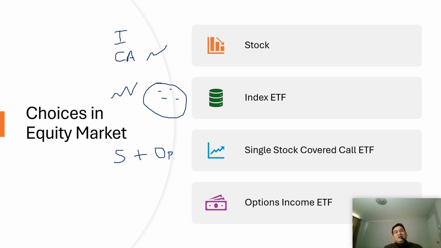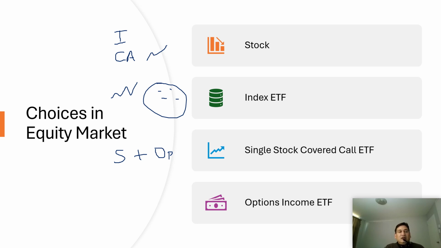So why do they do that? It's a kind of hedging to generate income. Usually the stocks are bought at a certain price and the options are sold at a higher price than the stock to generate that profit or that income.